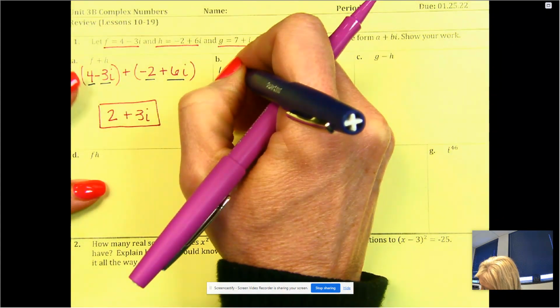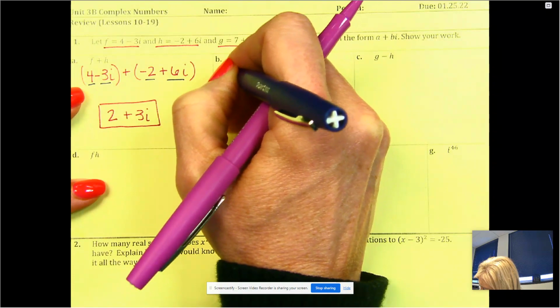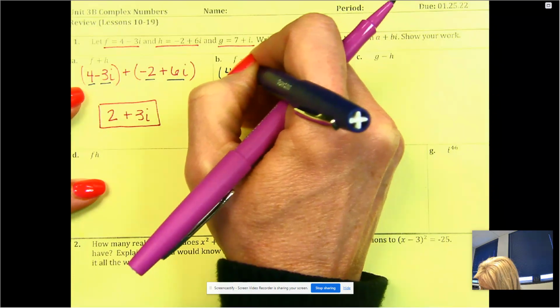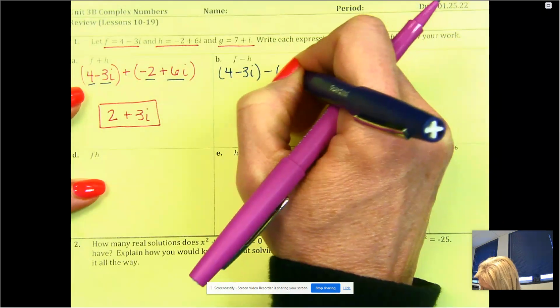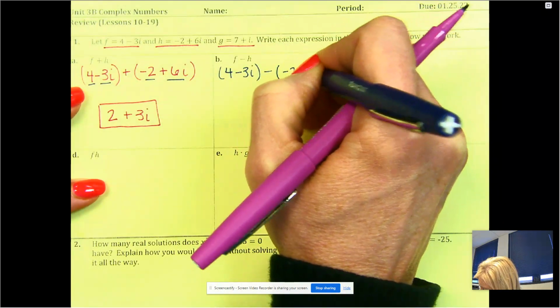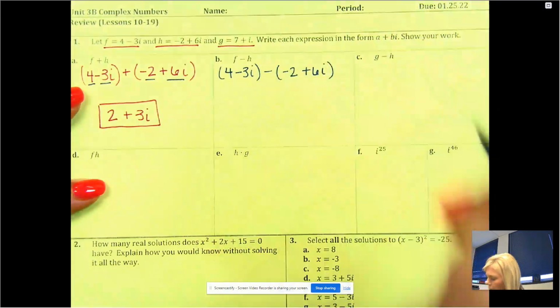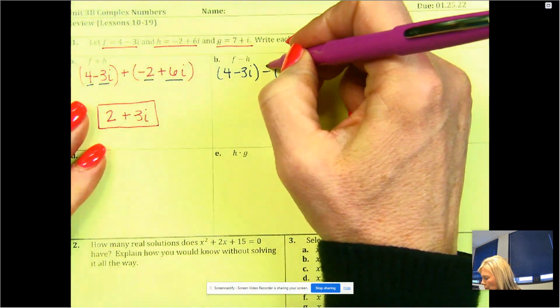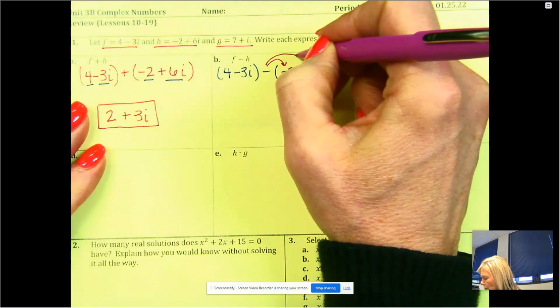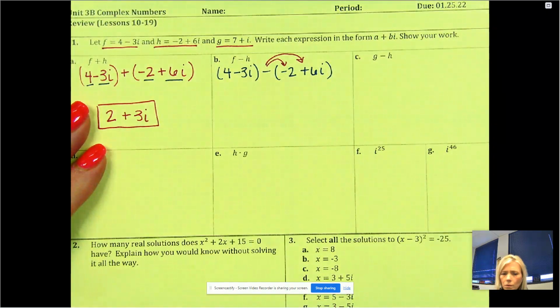The next one, when you're subtracting F minus H. So there's a little more work when you're subtracting. Again, F is 4 minus 3i, and we're subtracting negative 2 plus 6i. So when we're subtracting, I always rewrite it without the parentheses, remembering that we distribute that negative to both of those.